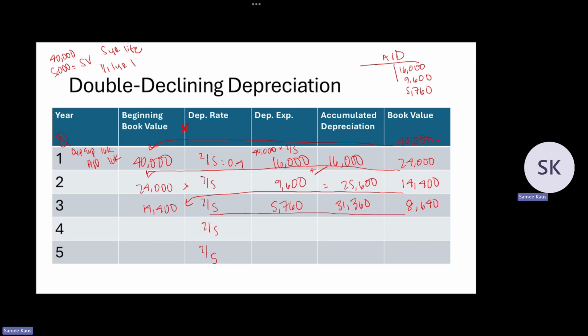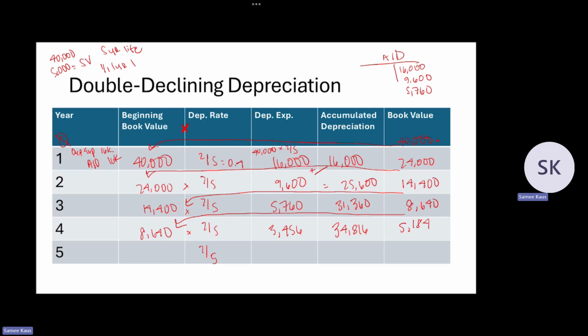That net book value becomes my beginning book value of the next year. And now I see that I'm going to have depreciation expense after multiplying it of 3,456. So I have total accumulated depreciation of 34,816, and a book value of 5,184.